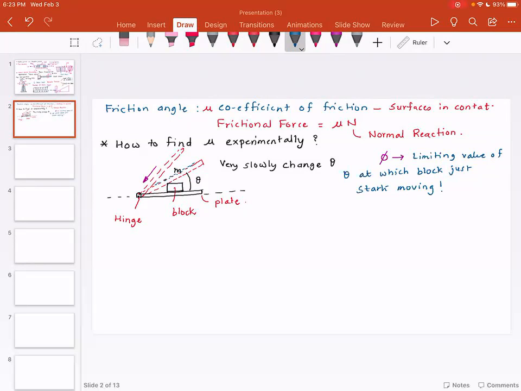If you visualize, the angle phi would be less than the original phi when there is no oil. So phi with oil will be less than phi on dry. What that means is the block will start moving down on its own earlier when there is oil. Now, what is the meaning of adding oil? Which means we are reducing friction.